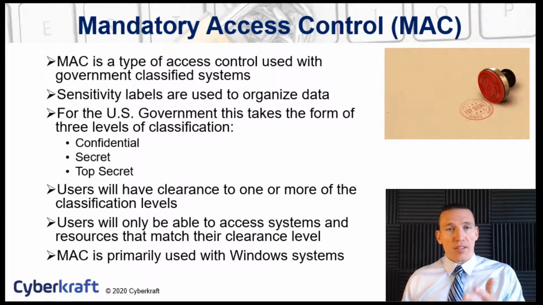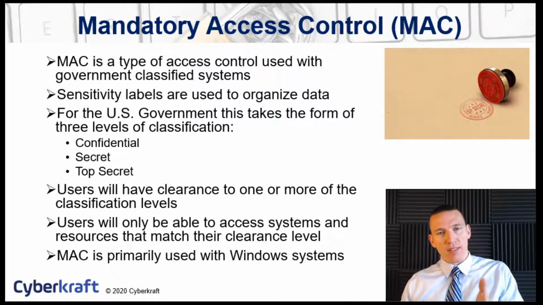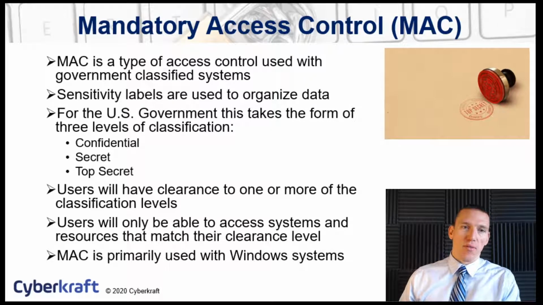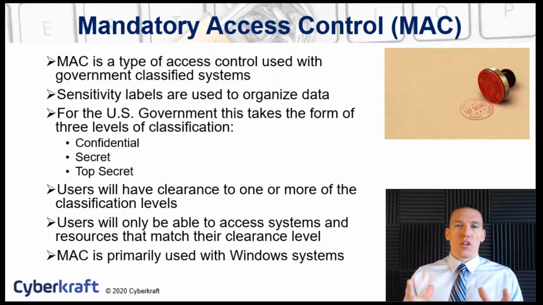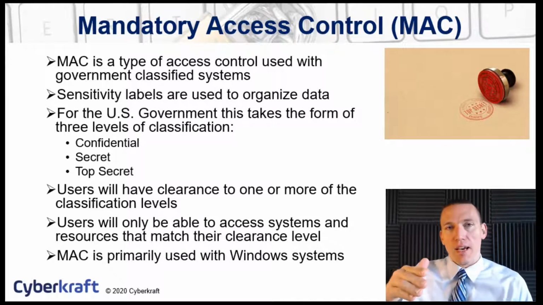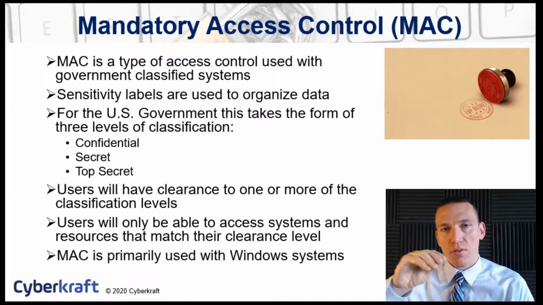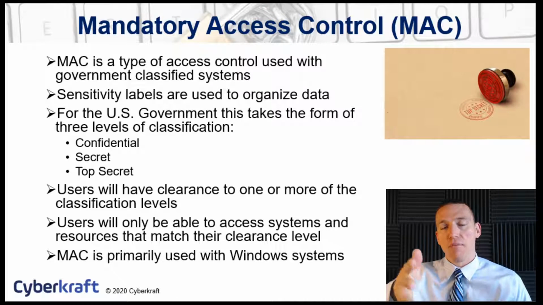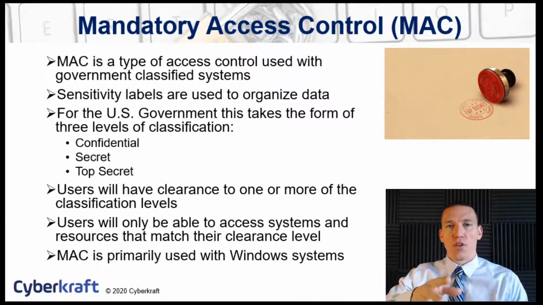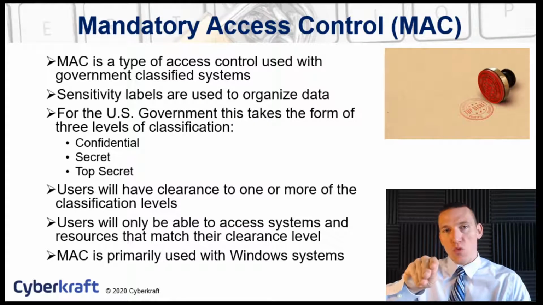Mostly this comes into play, like I said, you're not really going to find a secret system that's processing top secret information; those are usually kept on completely separate networks. What you're going to find is that at secret and top secret, those levels, you're going to have different compartments or different areas where users require special access on top of their clearance.